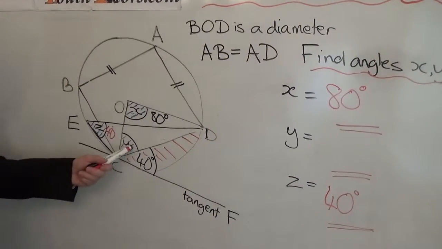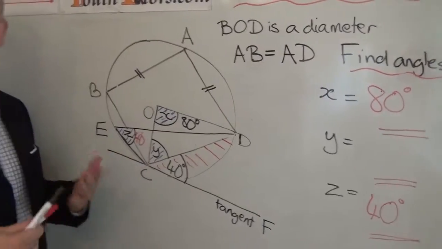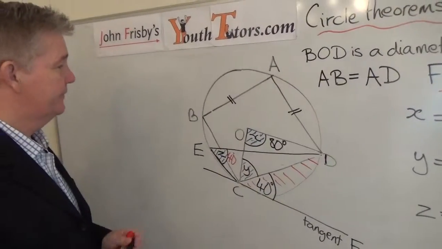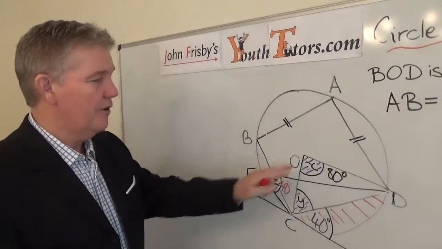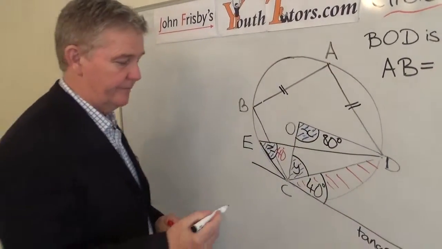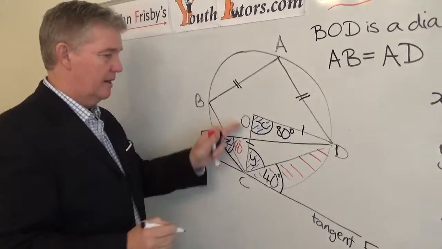Now, how would we get the angle Y? Well, I'm not really going to use a circle theorem for it because you've got to use your common sense as well for these. We can see that if O is the centre of the circle, then OD and OC are radii.